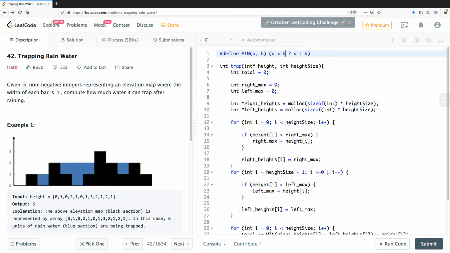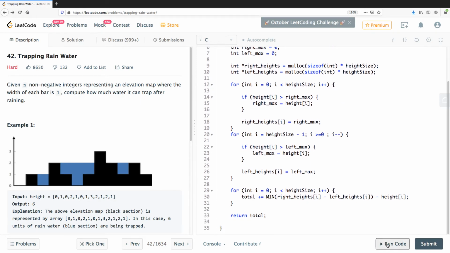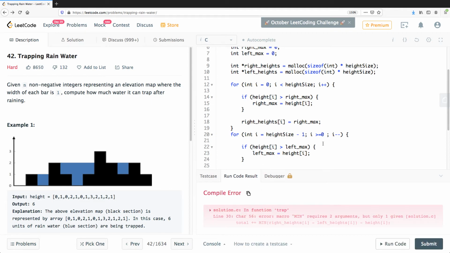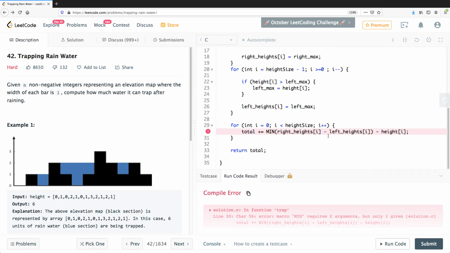And the purist would tell you that you should always have your macro arguments surrounded by brackets, because there can be side effects, even though in our case all we have is numbers. So with that, let's see. Okay, we have a problem. It's saying that min requires 2 arguments but only 1 given. Interesting that it caught it.